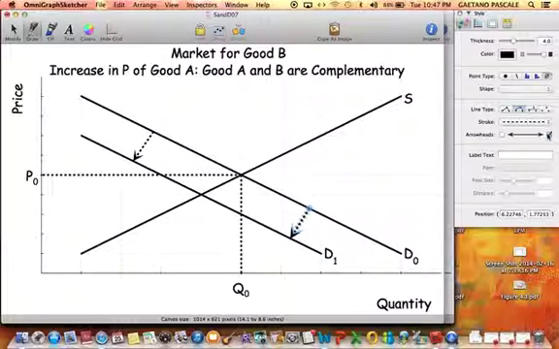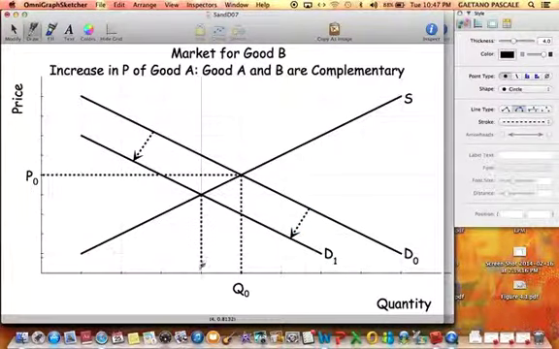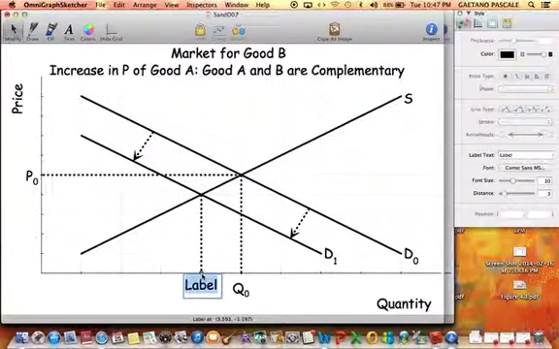So now that we have the demand curve shifting inward, we need to determine what the new equilibrium price and quantity are. So if we go straight down from the new equilibrium point where D1 intersects the original supply curve, that gives us the new equilibrium quantity, which we will label as Q1.